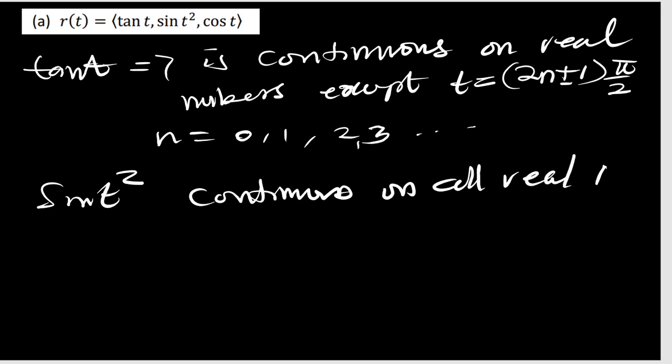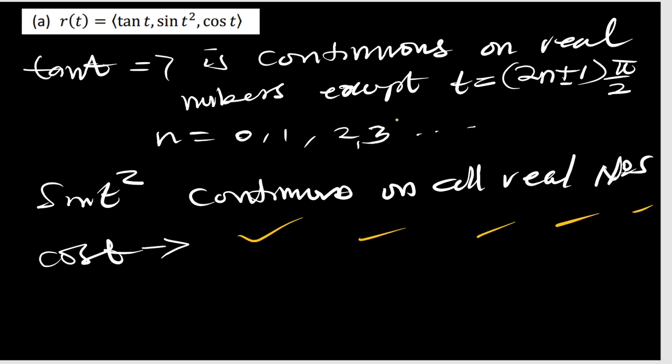Then the last one is cos t, which is also continuous on all real numbers. So the net effect, or otherwise the intersection of these three, will represent our continuity for r of t. So r of t will just be continuous on all real numbers except t is equal to 2n plus or minus 1 times pi over 2.